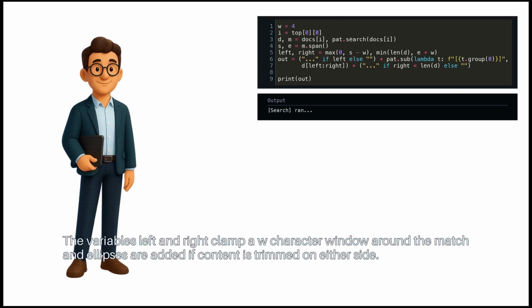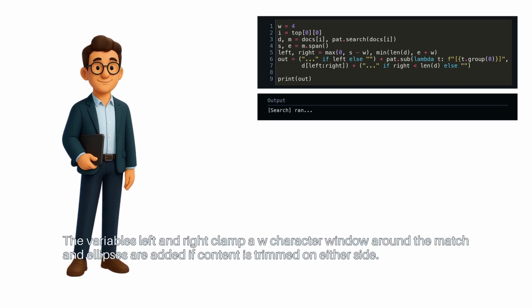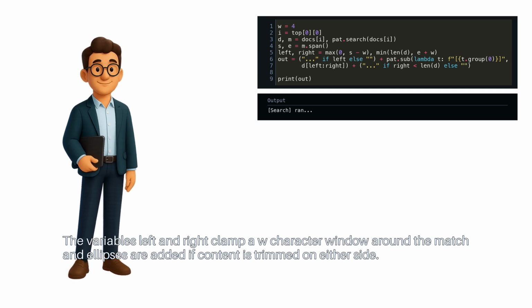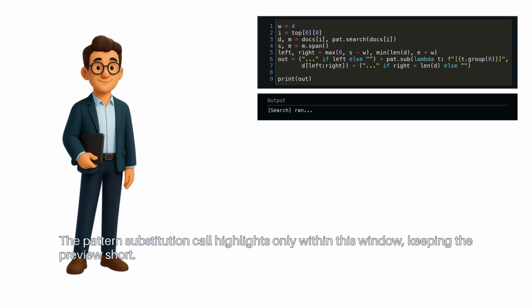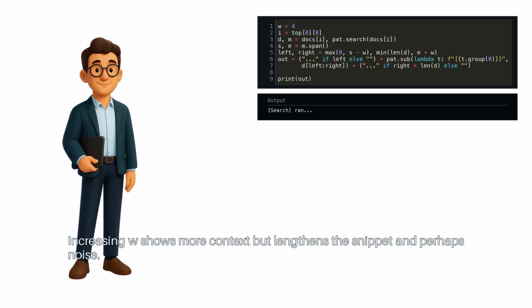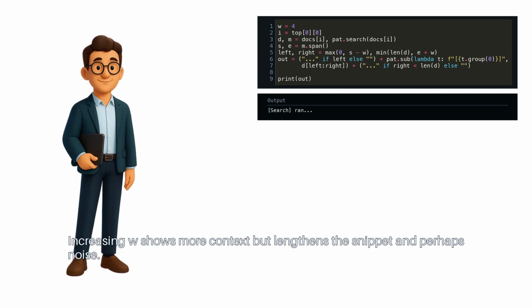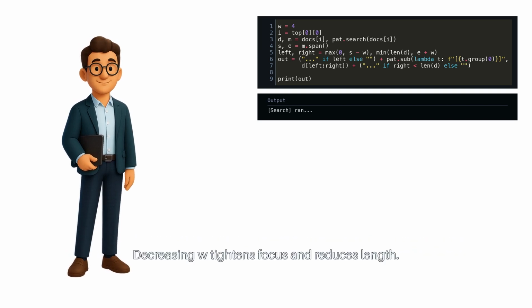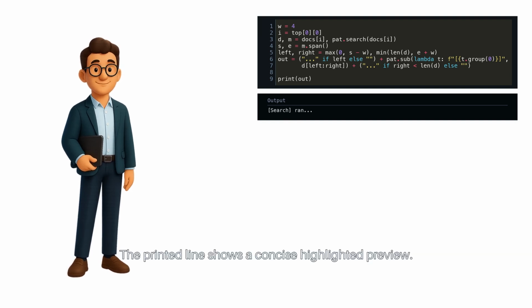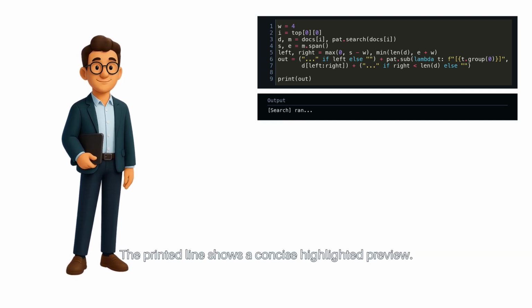The variables left and right clamp a W character window around the match, and ellipses are added if content is trimmed on either side. The pattern substitution call highlights only within this window, keeping the preview short. Increasing W shows more context, but lengthens the snippet and perhaps noise. Decreasing W tightens focus and reduces length. The printed line shows a concise, highlighted preview.